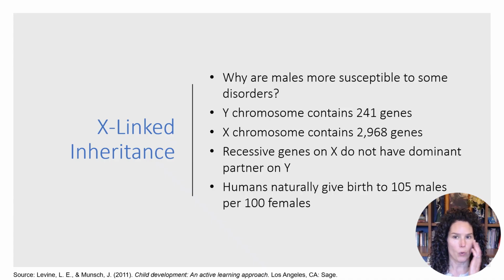You have over 2,500 genes that don't have a partner or another allele, essentially. And I'll give you an example of that on the next slide. Just as a note, to account for these genetic challenges, humans naturally give birth to 105 males per 100 females, because the male babies are more likely to die, either as infants or at some point in their lifetime.